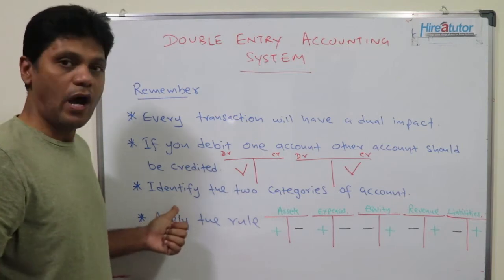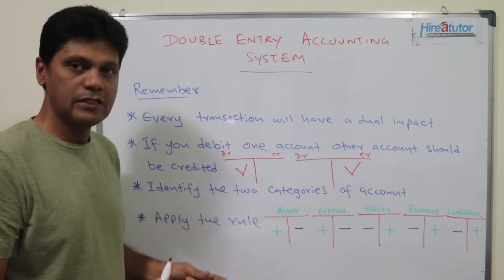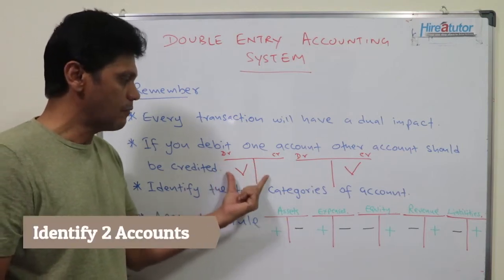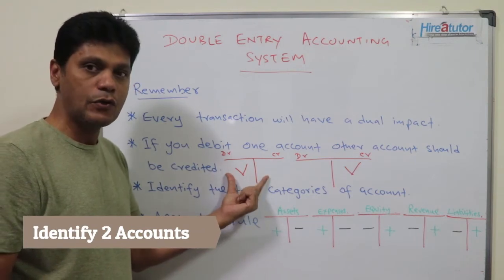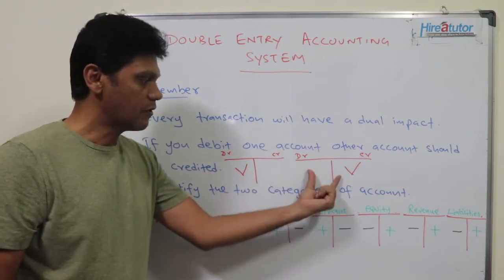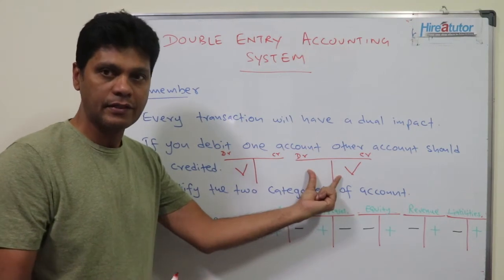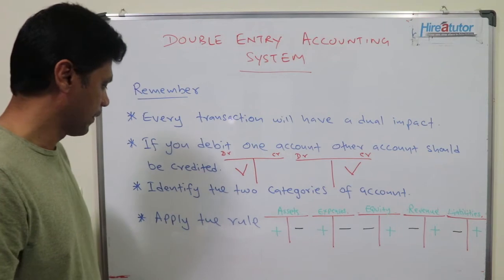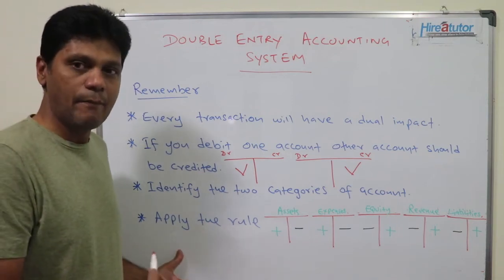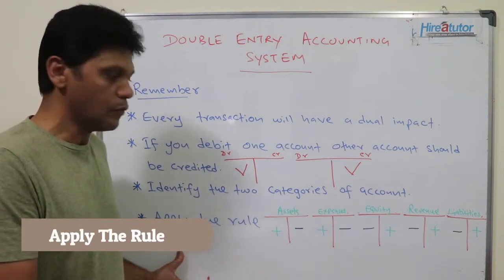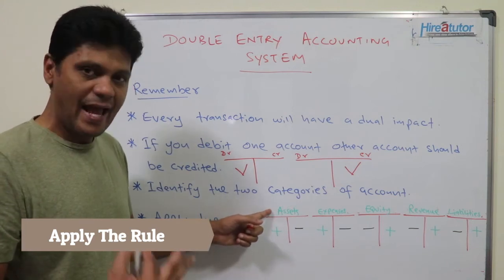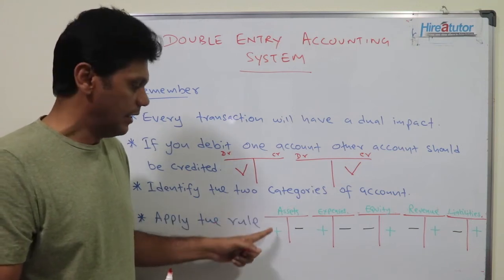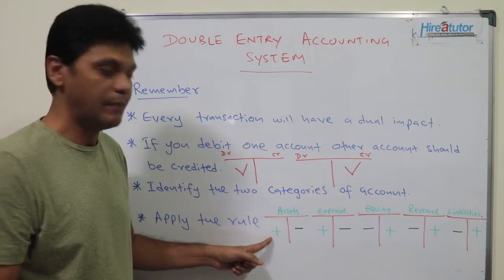Then you need to identify the two categories of account. So what is the type of account that you are going to debit, and what is the type of account that you are going to credit? So these two categories of account should be identified. Then simply apply the rule. So what is the rule? If it is an asset category, increase in asset should be debited.